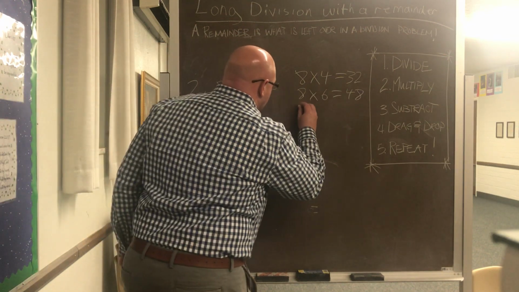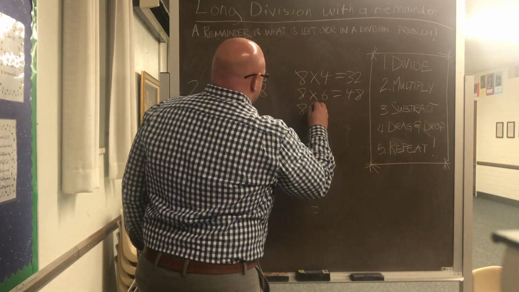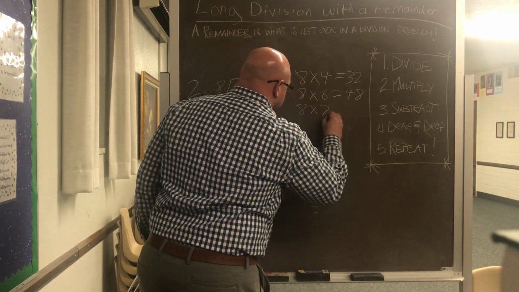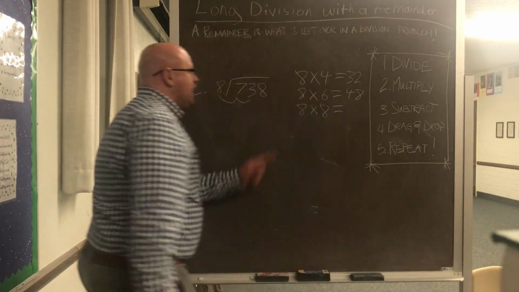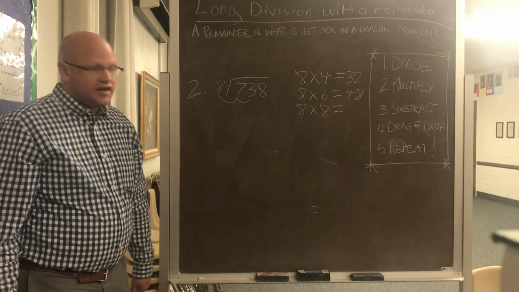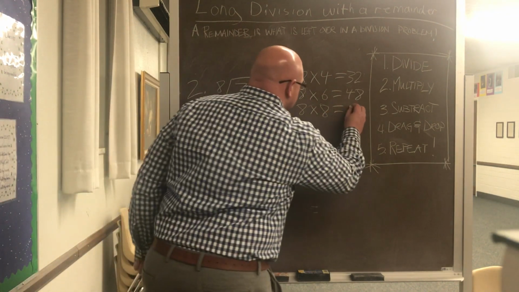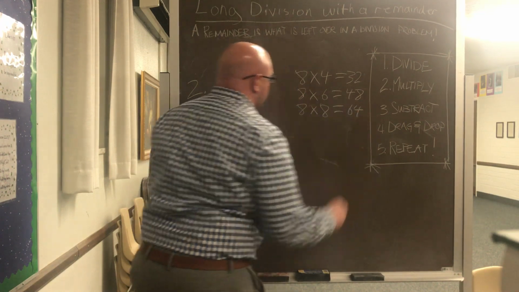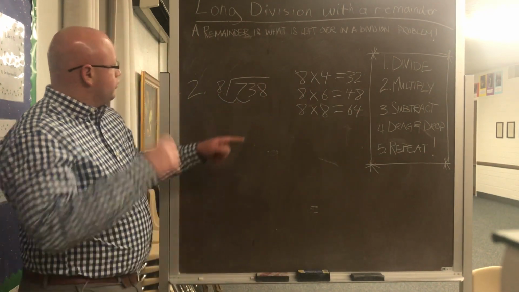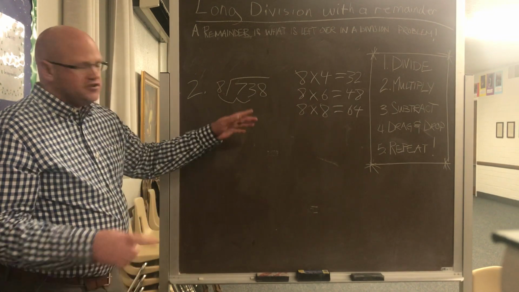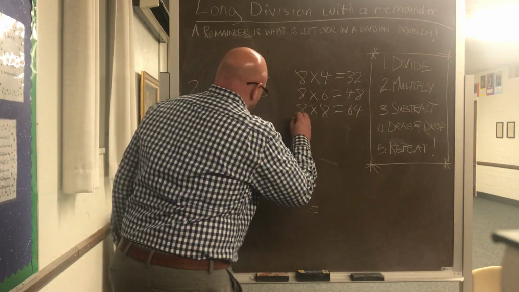So let's try 8 times 8. 8 times 8 is 64, and 64 will go into 73, but still there's a gap between those two numbers.